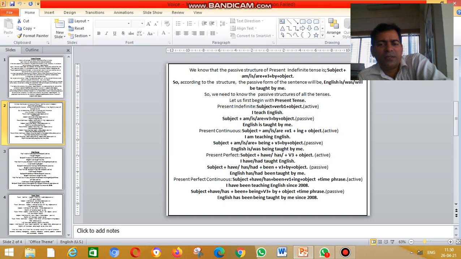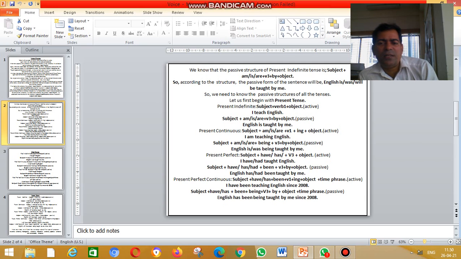So in the slides I've shown here the structure of the tenses, both active and passive. In the first slide you can see the structures of present tense. We know that there are three types of tense: present tense, past tense and future tense. Again, each tense is divided into four subclasses. They are indefinite, continuous, perfect and perfect continuous.